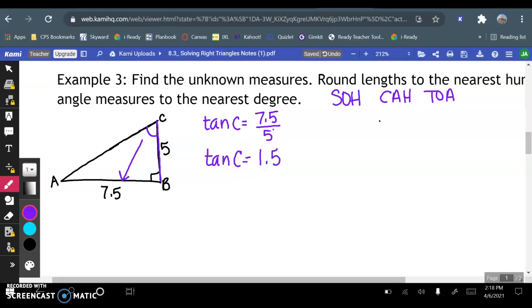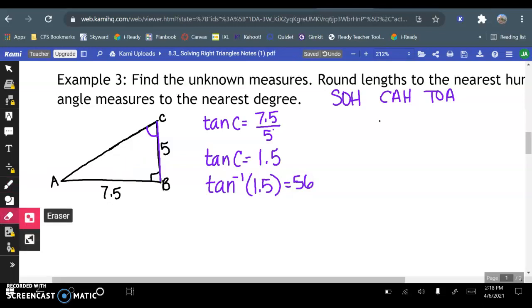Now I want to know what C is, so I'm going to take the inverse tangent of 1.5, and that is going to give me the angle measure of C. That is 56.3, and they asked us to round to the nearest degree, so that would be 56 degrees. So the measure of angle C is 56. I'm going to erase this stuff.